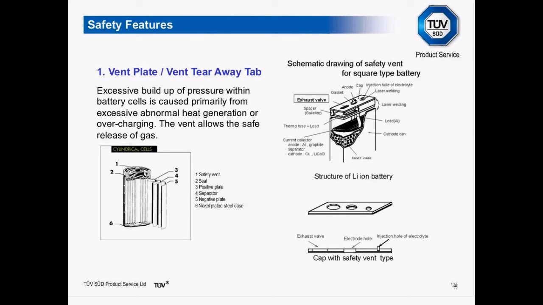When excessive pressure builds up inside the cell through abnormal heat generation or overcharging, for example, a vent allows the safe release of gas, which is shown in these diagrams here. The one to the left relates to cylindrical cells, and the one on the right is a prismatic pack, which shows the exhaust valve or the vent plate.